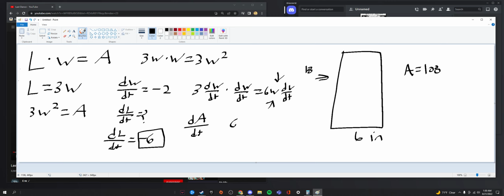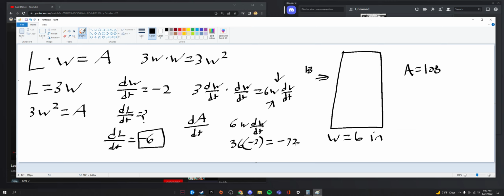So let's look at that: 6w dw on dt. What do we know? We know w. W is 6. So we multiply that, we get 36. We also know dw on dt. That's negative 2. So we multiply these two out, we get negative 72.